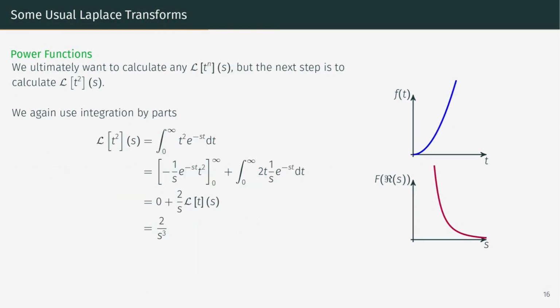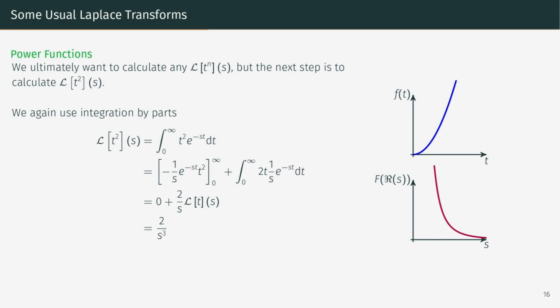Ultimately, we want to calculate any Laplace transform of t to the n for n in the natural numbers. But the next step is to calculate the Laplace transform of t squared. Again, we will use integration by parts. First, the Laplace transform of t squared can be written in its integral format such that it equals the integral of t squared times e to the negative st dt from 0 to infinity.